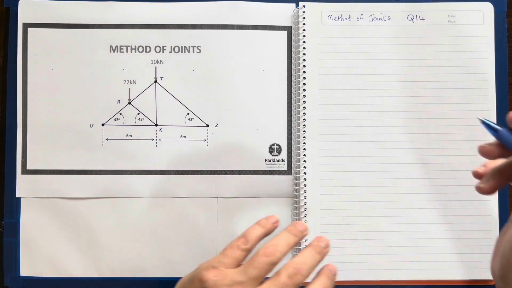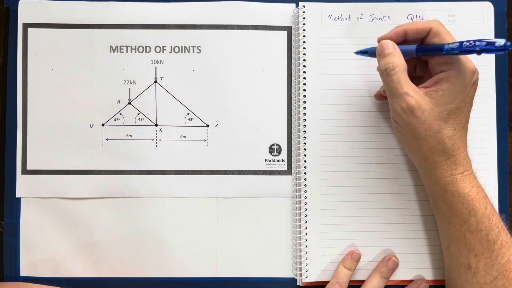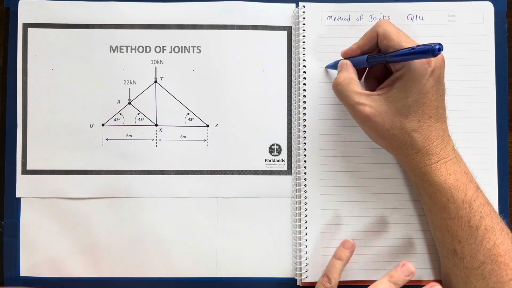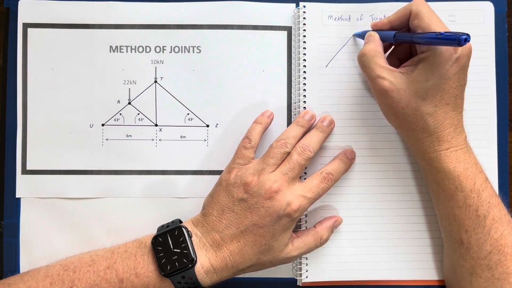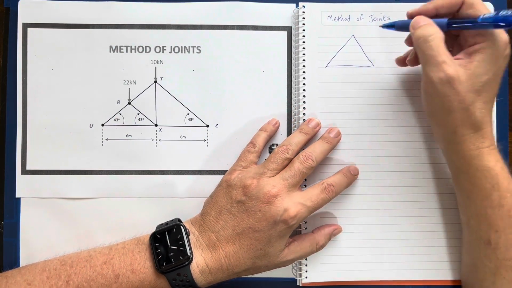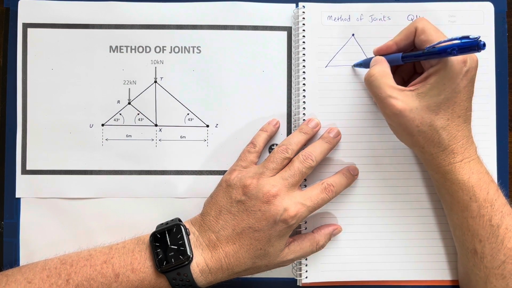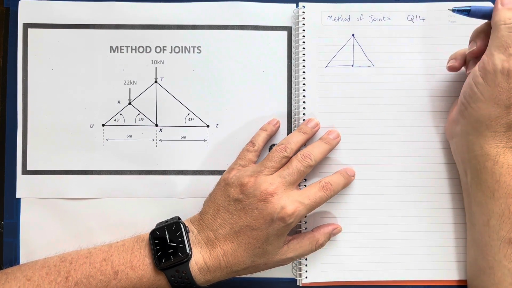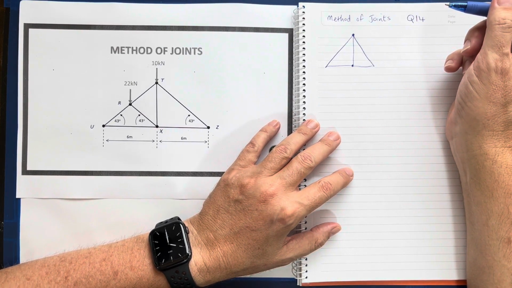The first thing I am going to do is draw this truss. By drawing it, it's going to give me a good example of what is happening in that truss. My drawing is not very straight there at all. And because I am doing this, the question will ask something like this.